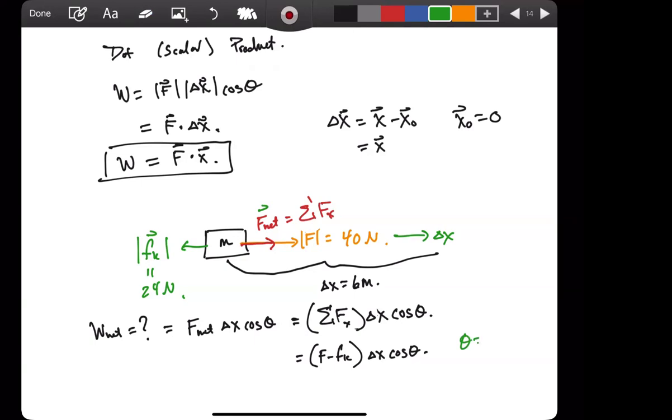That means the angle between the two is going to be 0 degrees. So this is the same thing as just the force minus the friction force times my displacement. Number-wise, this is 40 minus 24 all times 6. Right? So plugging in my numbers, what I get is 96 joules.